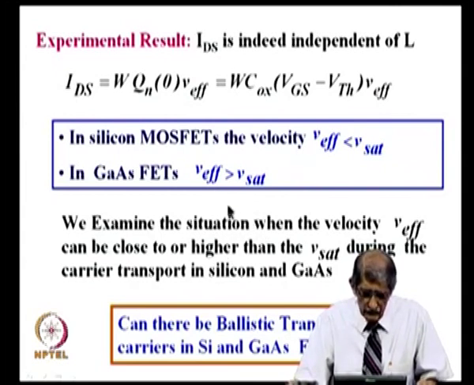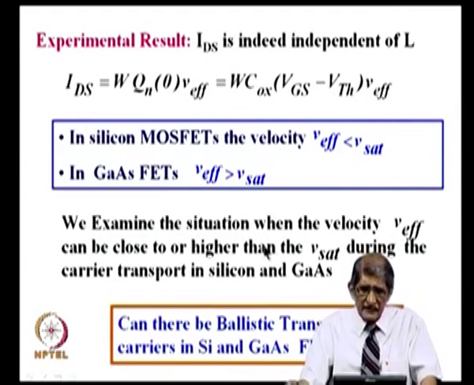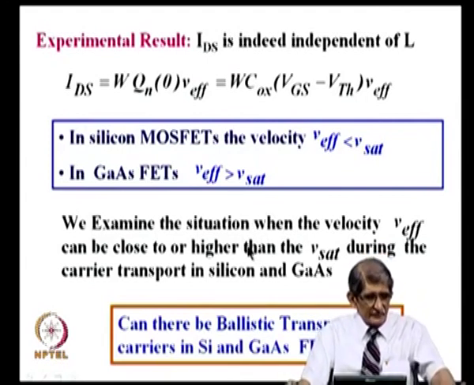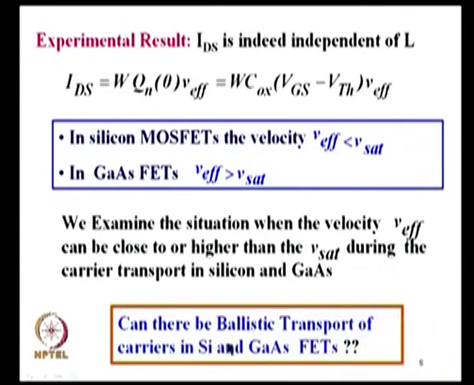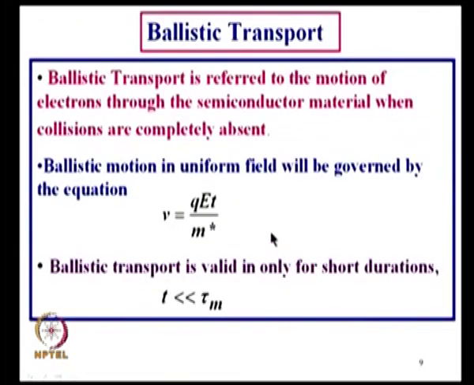Now, let us examine this. There is one more term that I bring in here, that is the ballistic transport. Can there be ballistic transport of carriers in silicon? In gallium arsenide, question mark, I will not discuss that now. In silicon, what is ballistic transport?